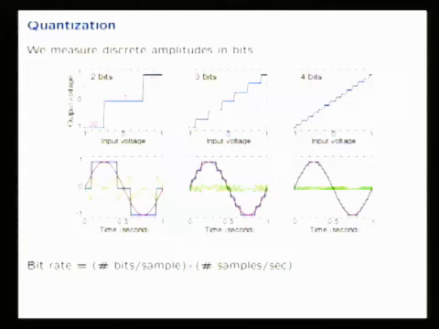So for example, if you were using 2 bits per sample, then you might represent any voltage between -0.5 and 0.5 by some code 0, 1. Any voltage that's in the range 0.5 to 1 as the code 1, 0. And any voltage in the range -1 to -0.5 as 0, 0. That would be a way of taking a continuous range of possible amplitudes and turning it into a discrete number using just 2 bits.